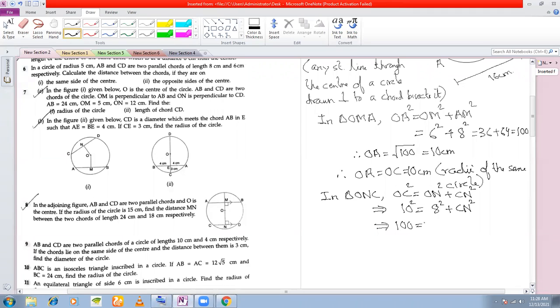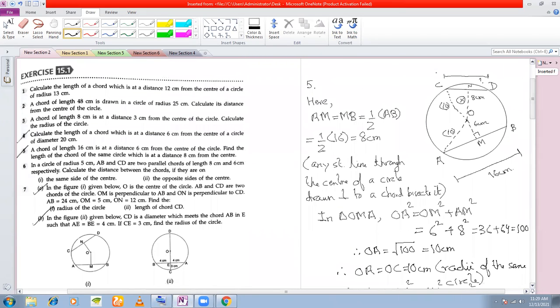So 100 is equal to 64 plus CN square. That means CN square is 36. That means CN is 6 centimeters.